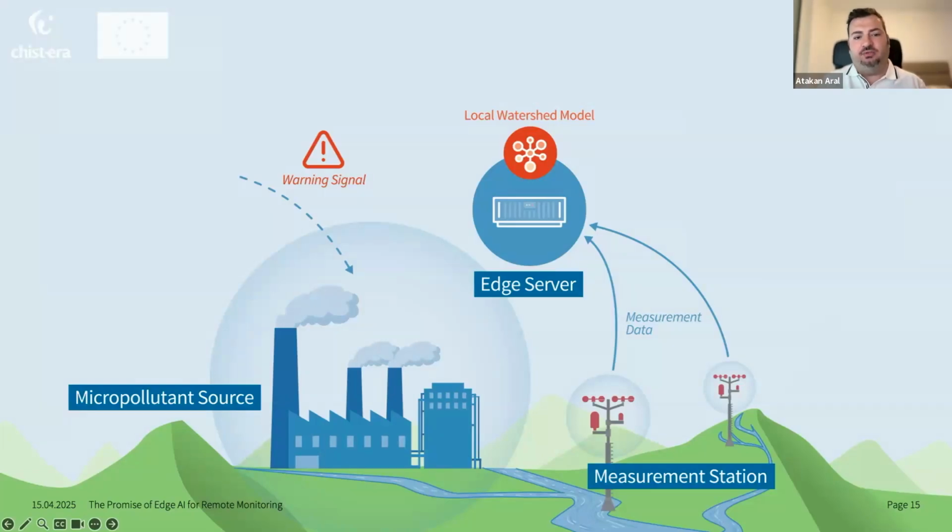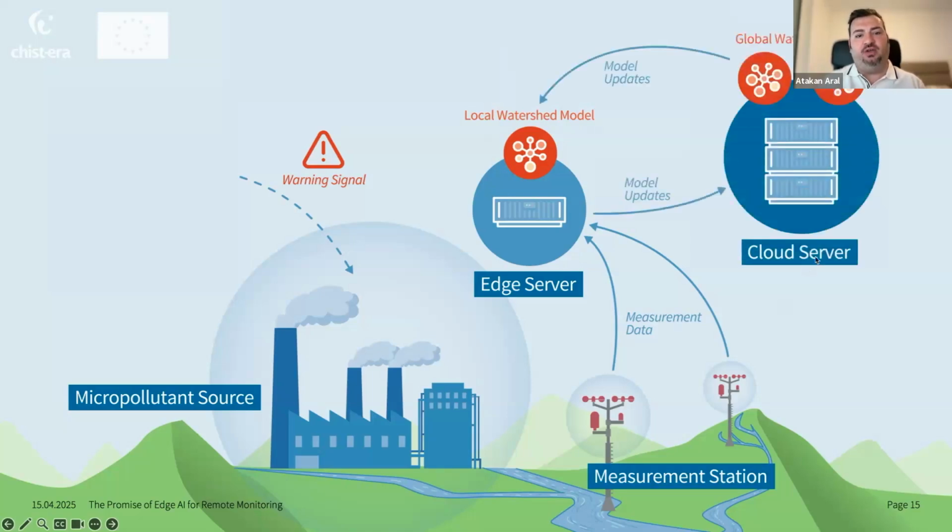The solution we found was to use a nearby processing device. This can be as small as a Raspberry Pi, an edge server that trains the model for the local section of the river. This is what we call the local watershed model.